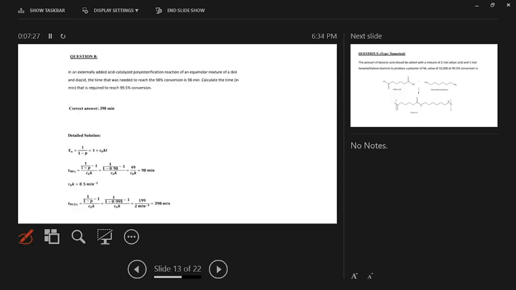Now question number 8. In an externally added acid catalyzed polymerization reaction of equimolar diol and diacid, equimolar means Na is equal to Nb.